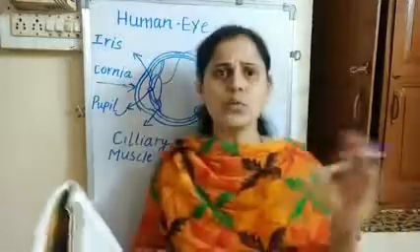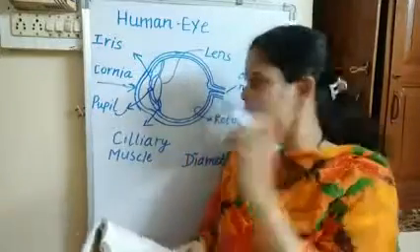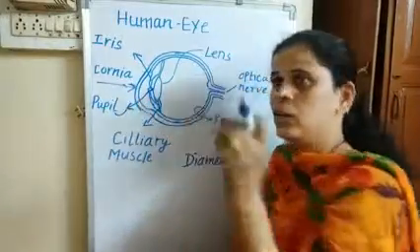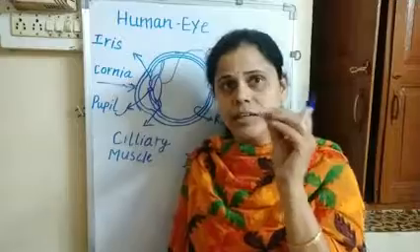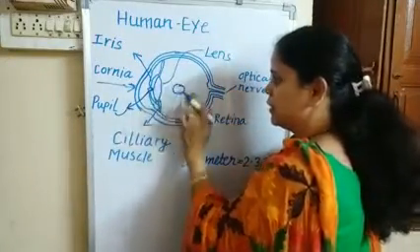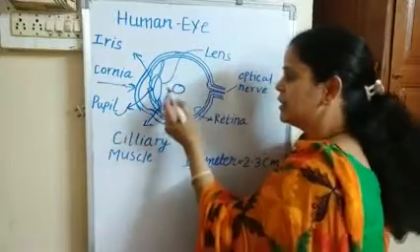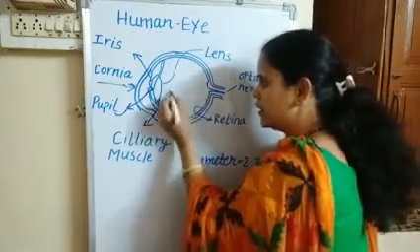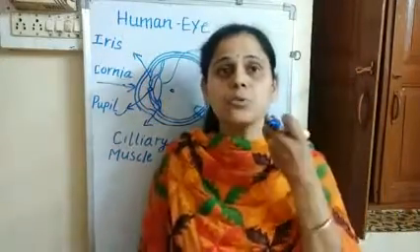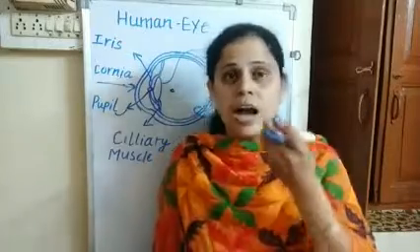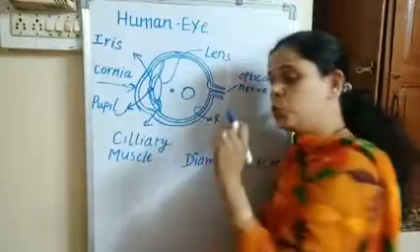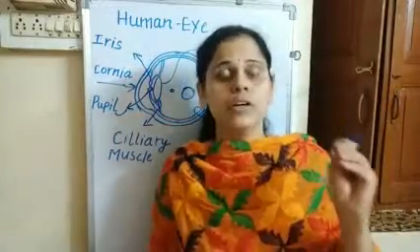If the light is dim, then to see the object, this hole widens to see a clear image of the object.